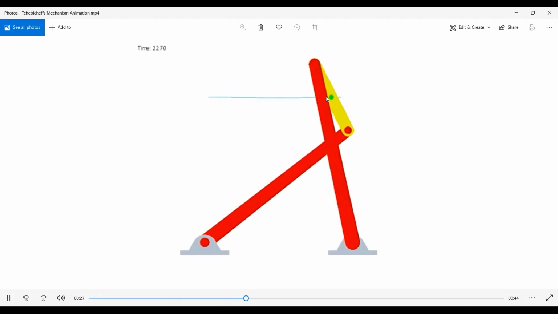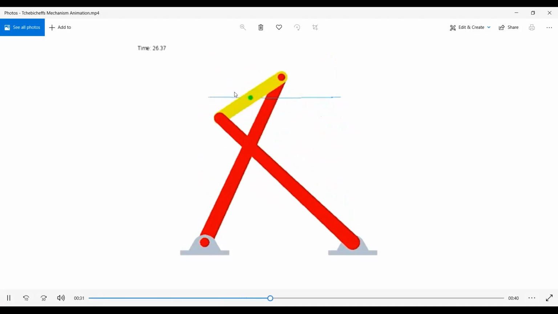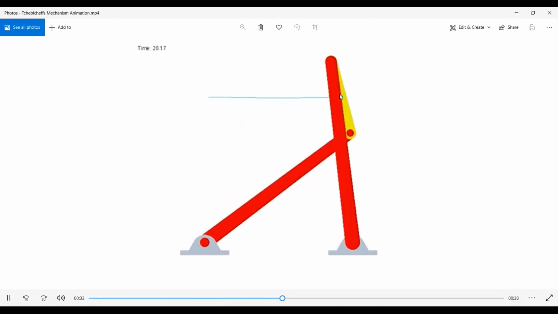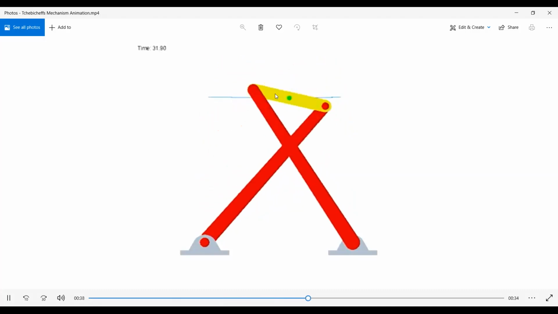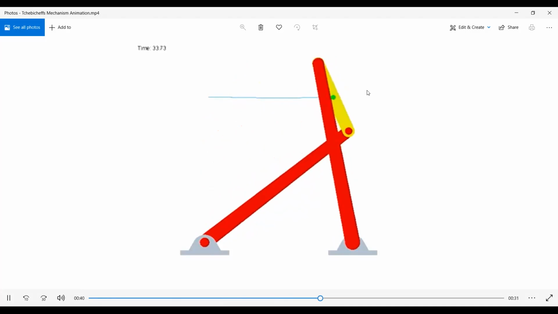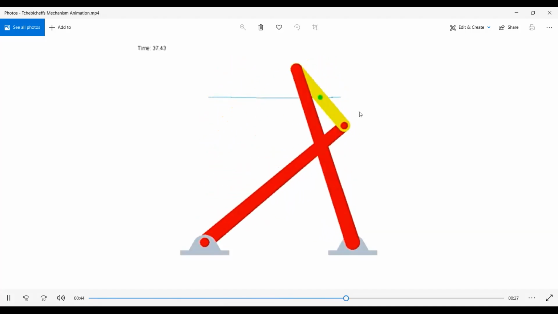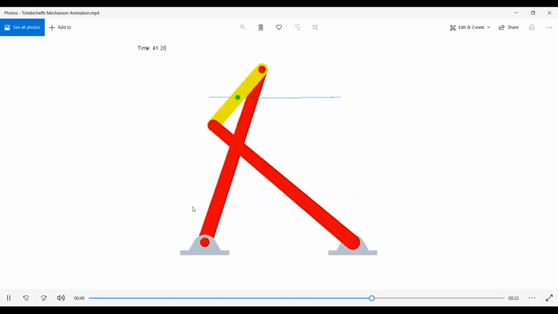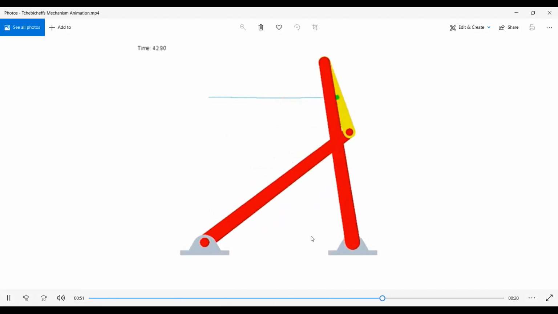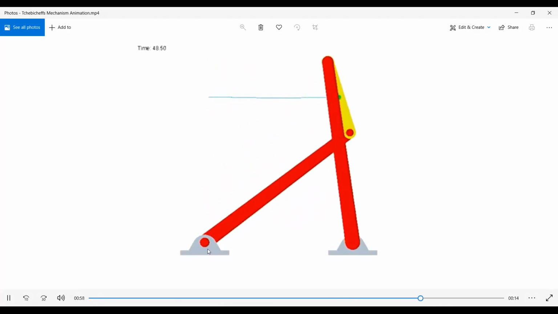The midpoint of link AB is tracing out a straight line approximately. It is an approximately straight line like this, and these two links will oscillate about this point.